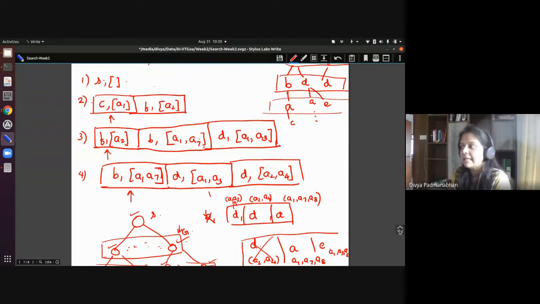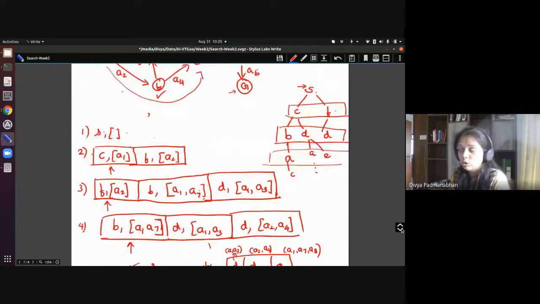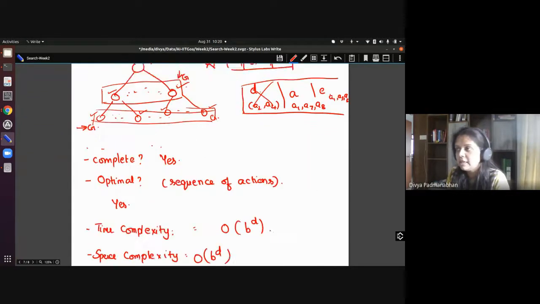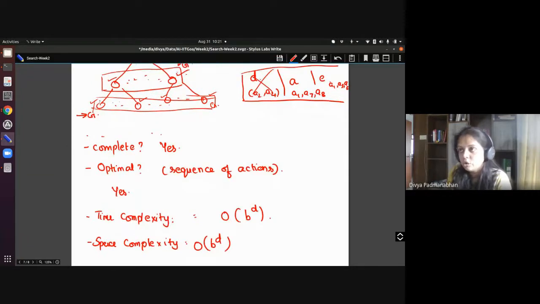So at any time, if you are in the stage where you are visiting nodes at a depth D, you're going to have B power D nodes in the queue. So if the goal is in the last level, somewhere here, this entire set of nodes will be there in the queue. So that's why the space complexity is order of B power D.